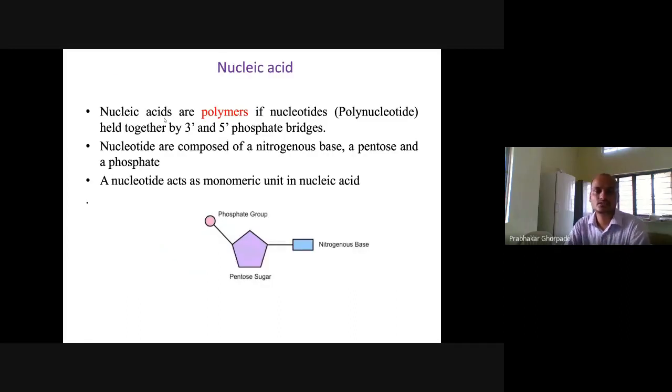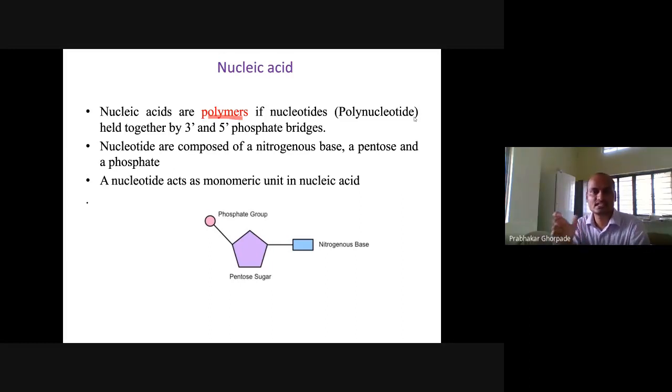Nucleic acid. We already know that there are two types of nucleic acid: DNA and RNA, deoxyribonucleic acid and ribonucleic acid. The nucleic acids are polymers. Polymers means structures made up of monomeric units. So nucleic acids are polymers of nucleotides, polynucleotides. Last lecture we saw the nucleotides.